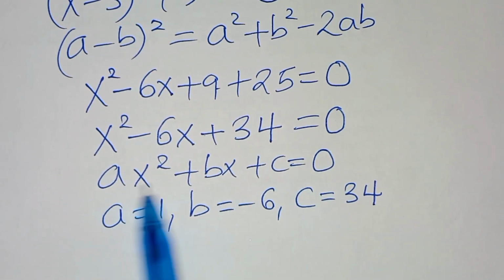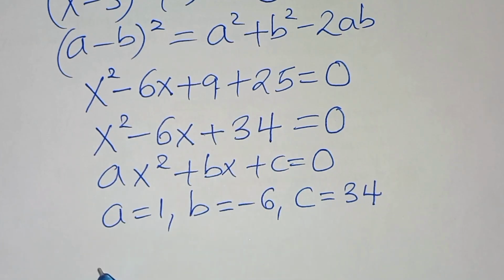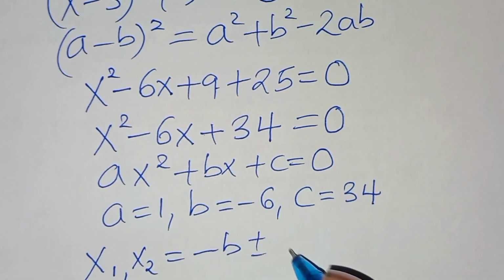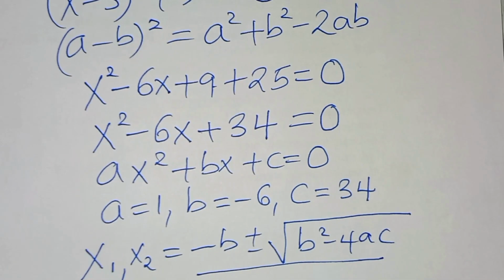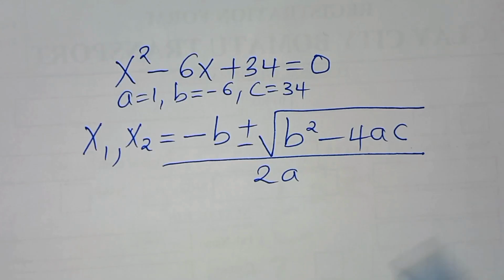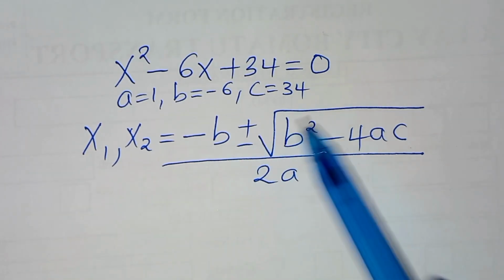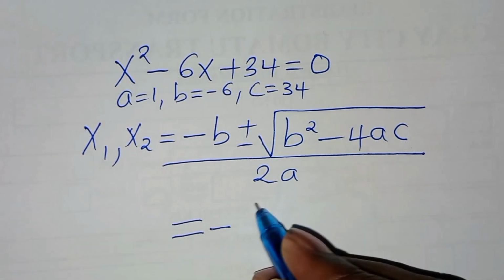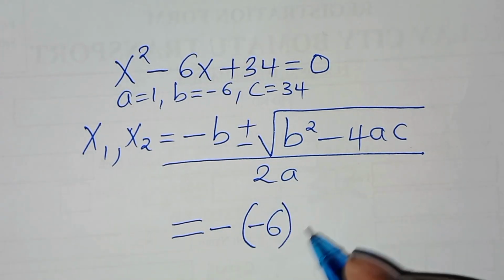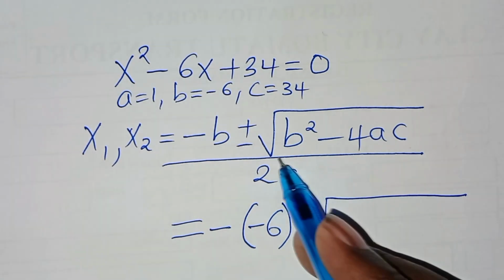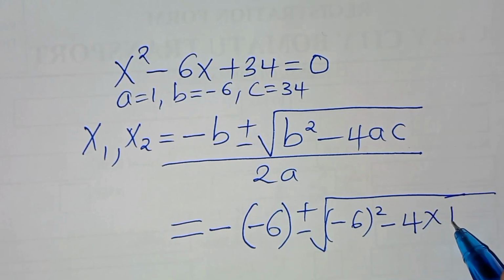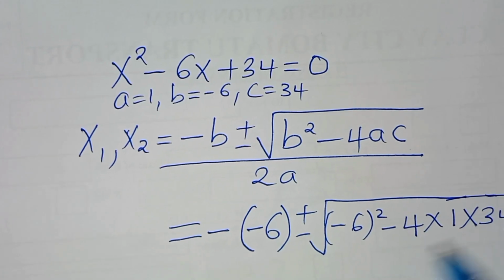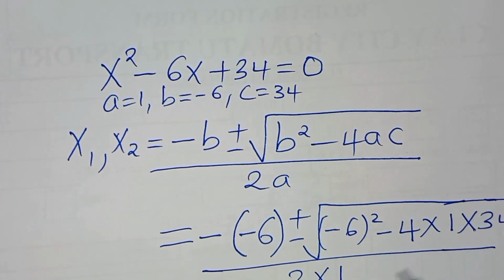To solve for the values of x here, we apply the quadratic formula, that is x1, x2 equals -b plus or minus the square root of b^2 - 4ac, all divided by 2a. Substituting the values of a, b, and c, we have -(-6) plus or minus the square root of (-6)^2 - 4 times 1 times 34, all divided by 2 times 1.